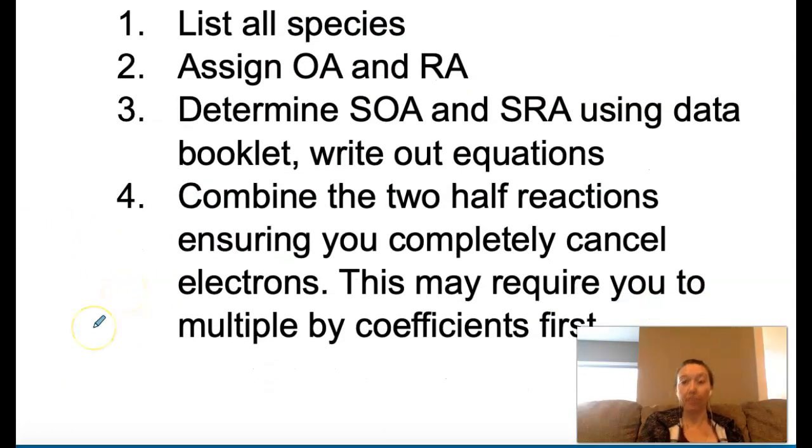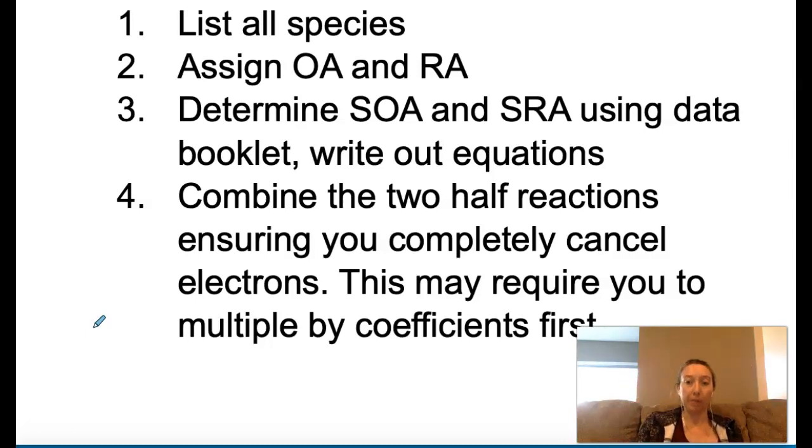So at this stage, we now should have two half reactions. We want to combine them to make a whole reaction. Okay, this whole reaction that we create is going to be our net ionic equation. It's already not going to include those spectators. So for me to be able to combine them, the thing I need to do is make the electrons the same, right? Remember in that first lesson, we talked about how those electrons, when they're on opposite sides like this, they have to have the same coefficient.